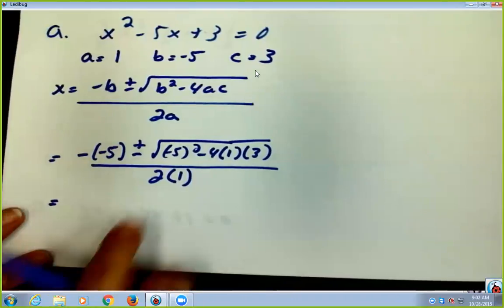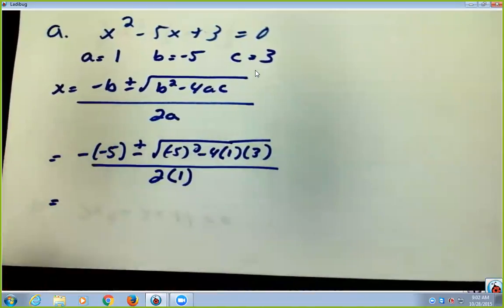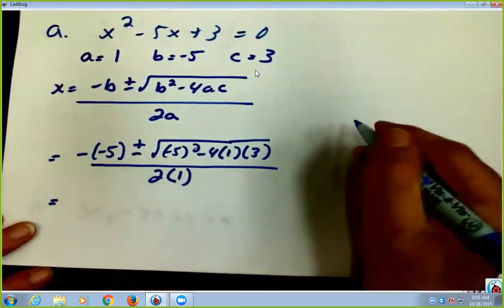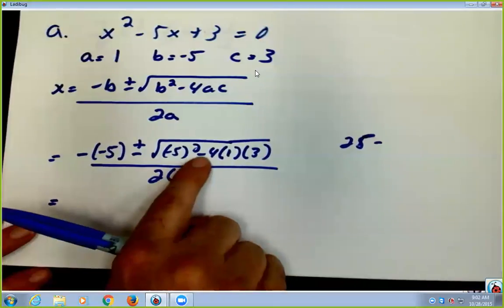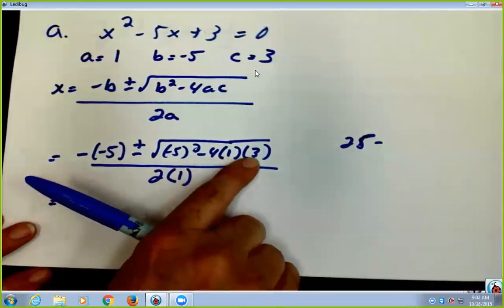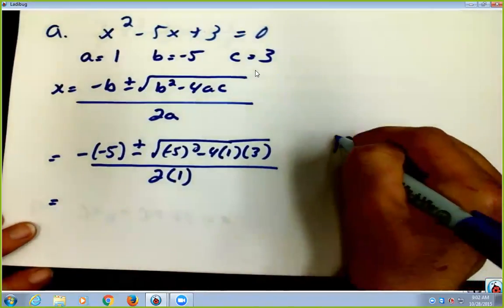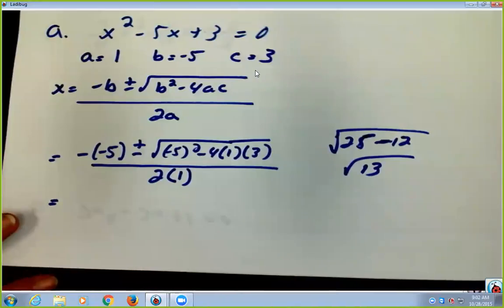The most difficult part is this piece right here. That's the discriminant. You can stick that on your calculator, or a lot of these you can do just basically by hand, because if I square a negative 5, what do I get? I get 25. Negative 4 times 1 is a negative 4 times 3 is a minus 12. So I get 13 left under there.